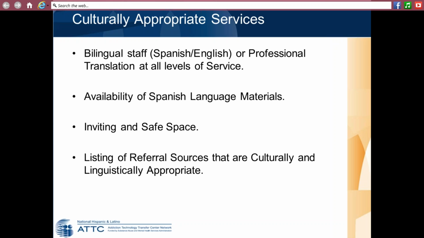And remember that in terms of Latinos, and I can say this coming from the research, but from professional and personal experience as well, Latinos place a great value on family and family interactions.